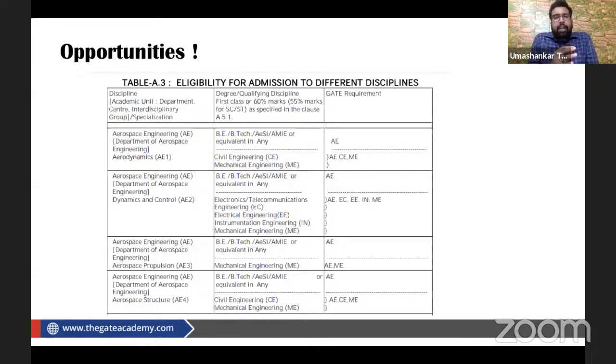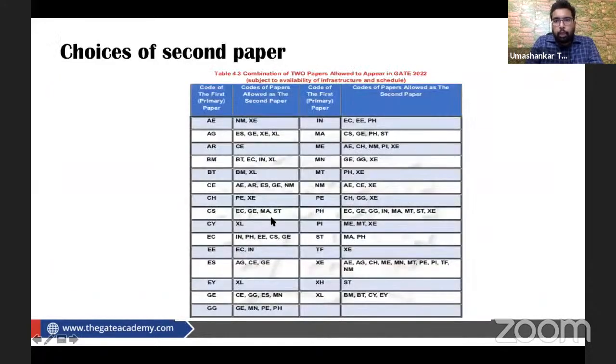This is a brief description I have taken from the IIT Bombay official website. Let me tell you very frankly about this. Any of the second papers that you fill, AE, CH, NM, PI, XE, approximately from these branches or these papers, no PSUs are associated.